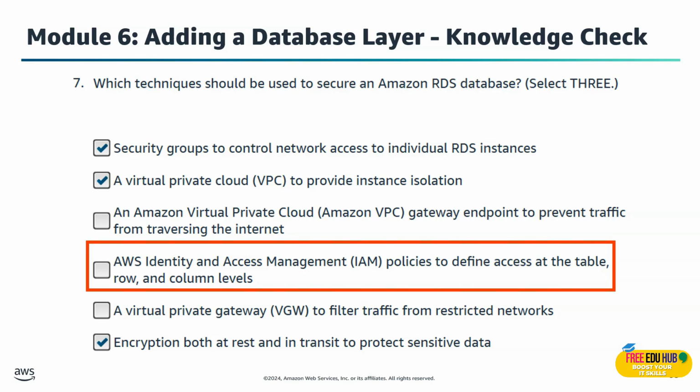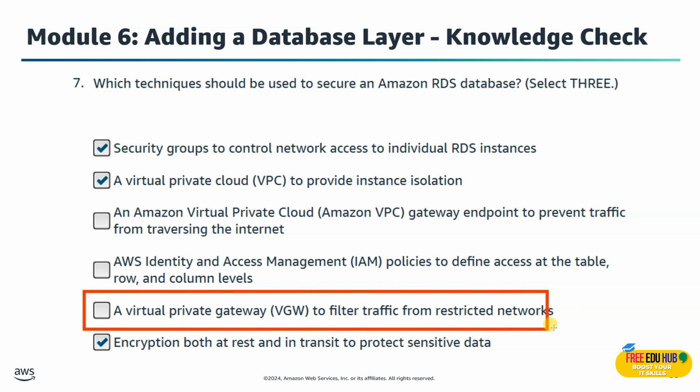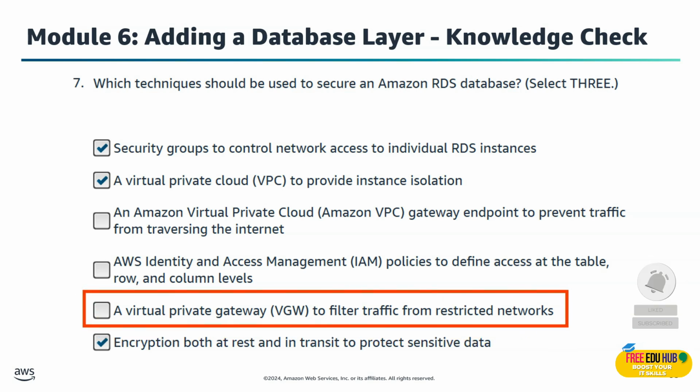The reason for that is IAM doesn't enforce SQL level row or column permissions in RDS. That's handled by the database itself. And if we explore the option of a virtual private gateway to filter the traffic from restricted networks, it's not the right option because the virtual private gateway is for VPN connectivity into the VPC, not database security control.